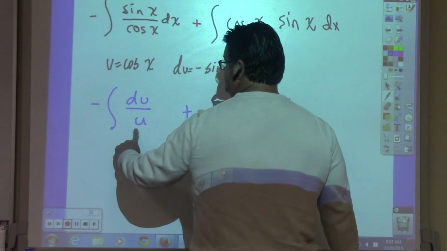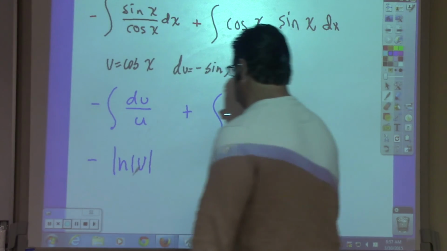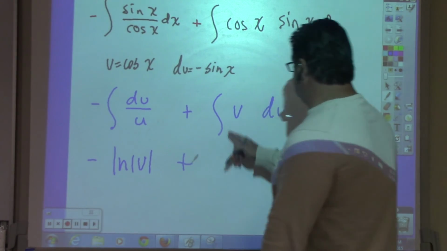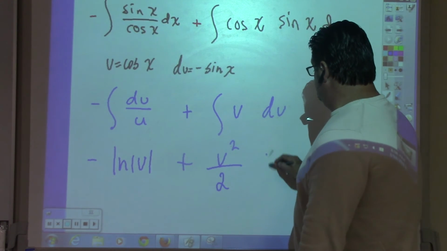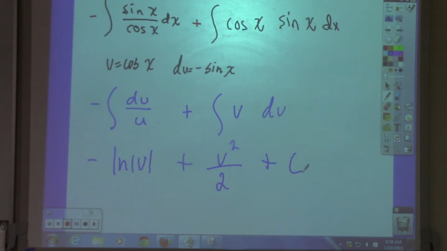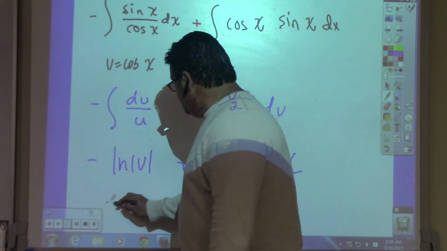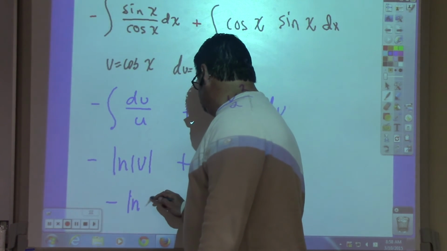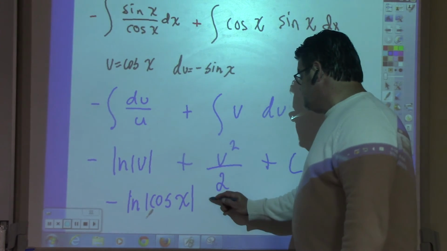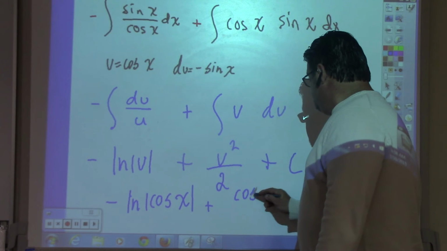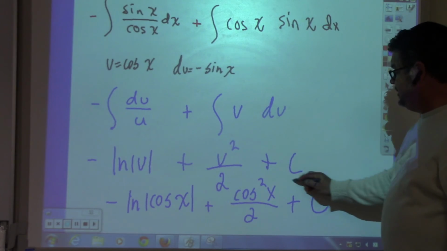And what is this? Negative natural log of u plus u squared over 2 plus c. And now u is equal to the cosine, so negative natural log of the cosine of x plus cosine squared of x over 2 plus c.